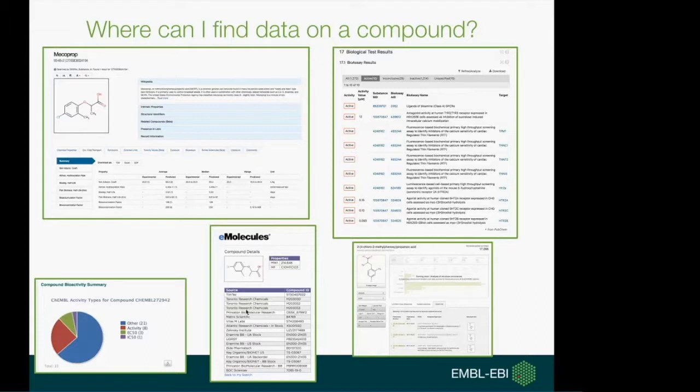These are obviously just a subset of the 30-odd different databases that we've indexed in UniChem, but it gives you an idea that it provides direct links back to the compound page on those different resources.